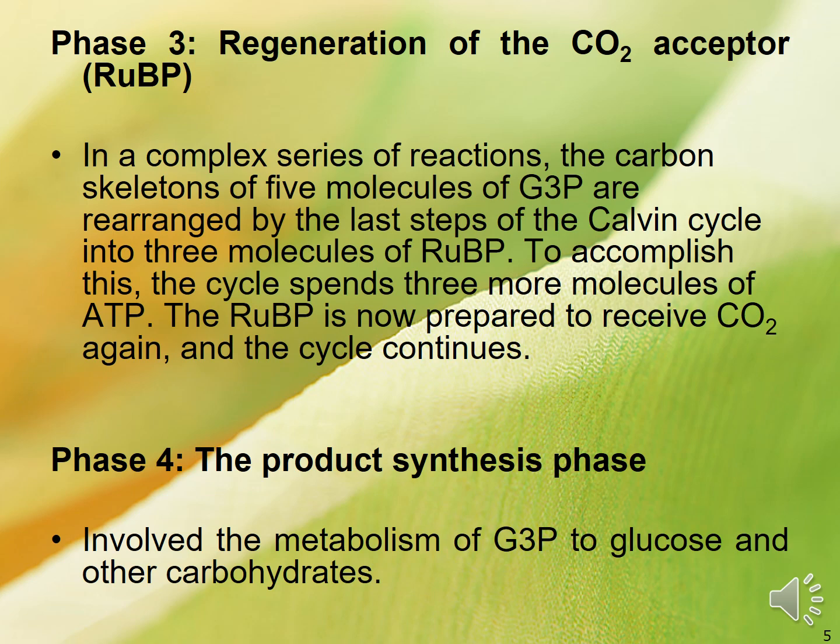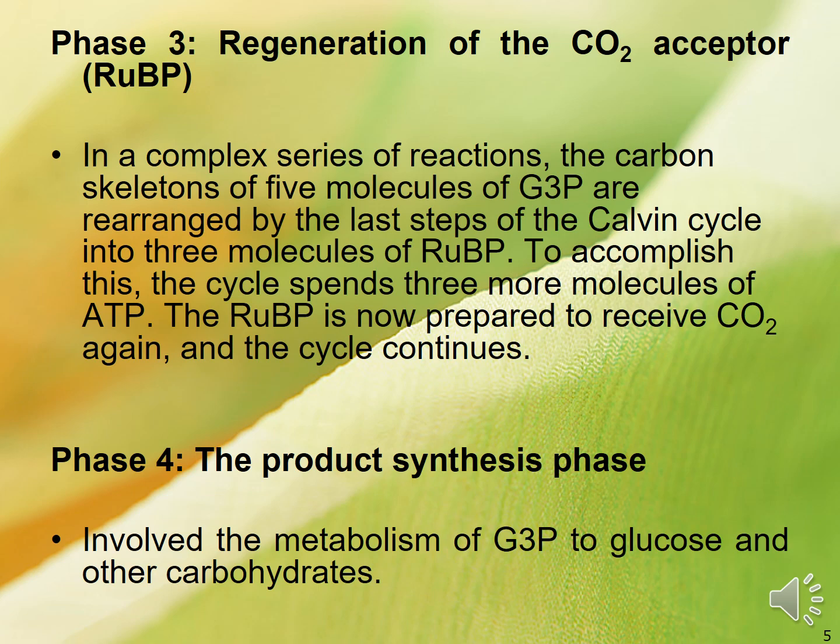So when the RuBP is regenerated, it is ready to receive another CO2 and makes the Calvin cycle continue. Now, in the final phase, we call it the product synthesis phase.